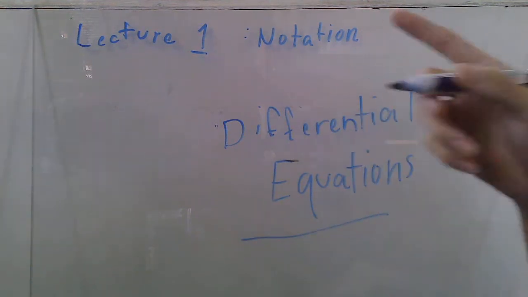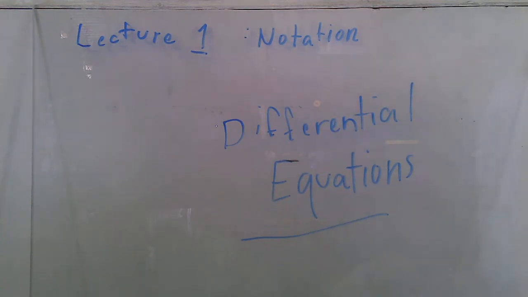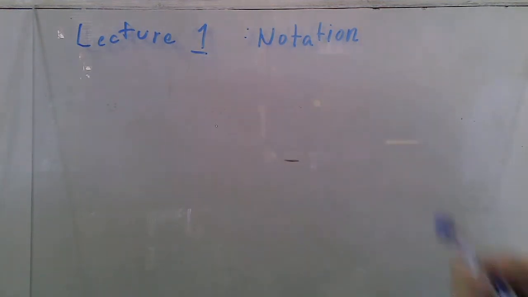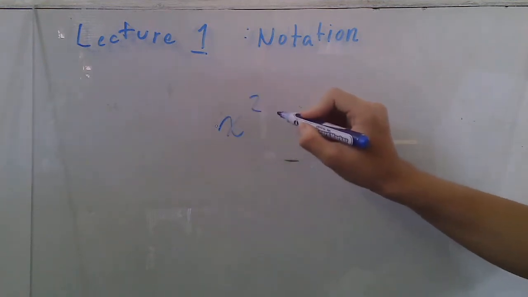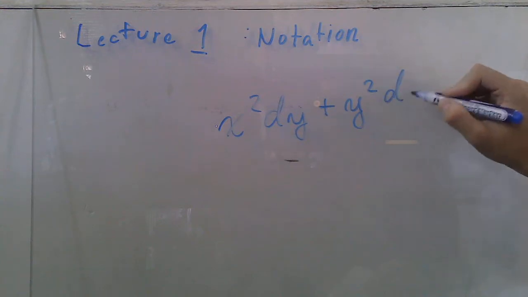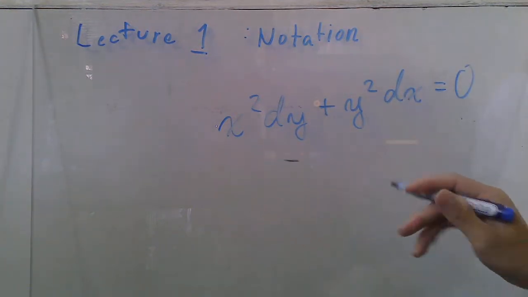Differential equations are basically any type of equation that involves a derivative or a differential. So an equation like x squared dy plus y squared dx equals 0 is a differential equation because it involves a differential.